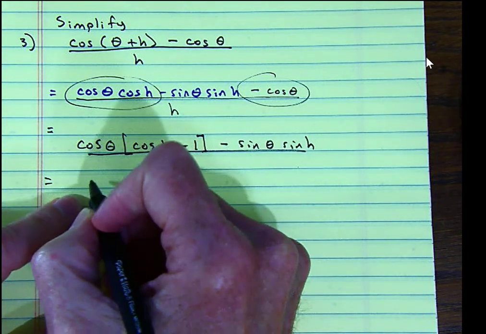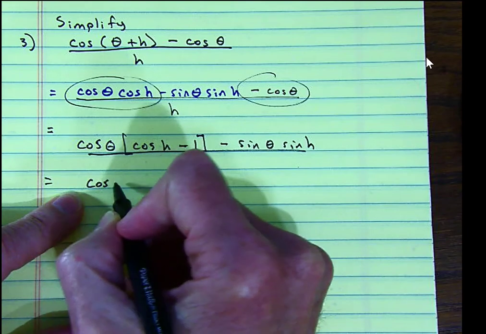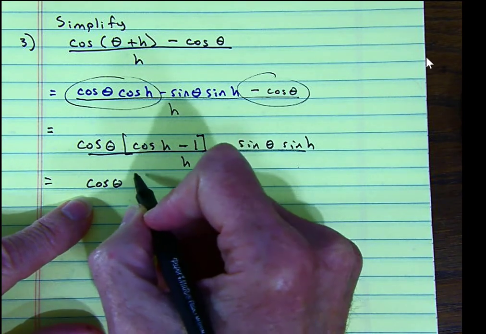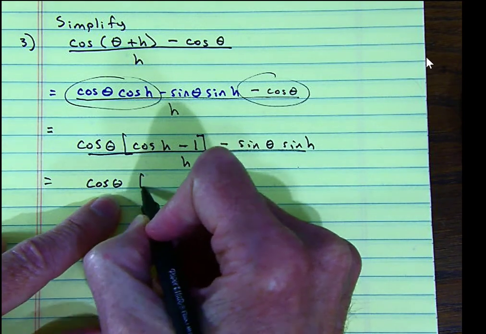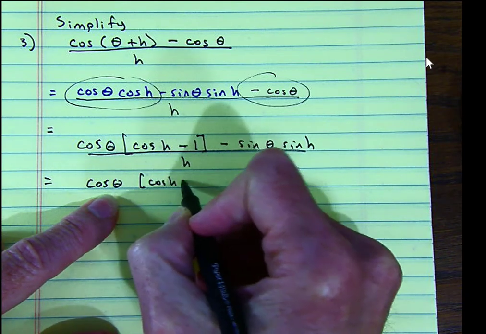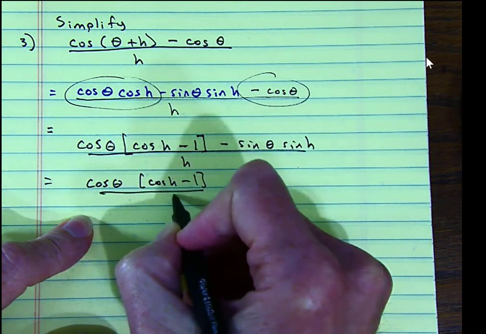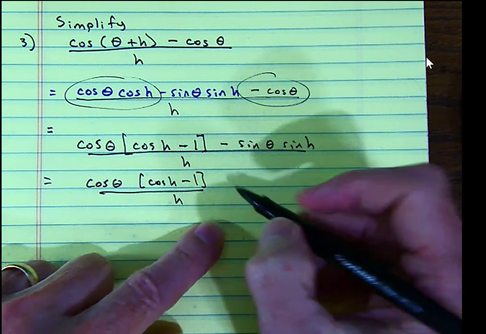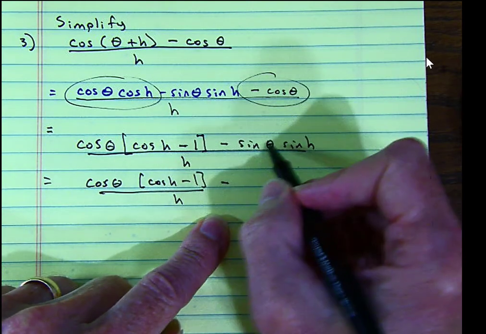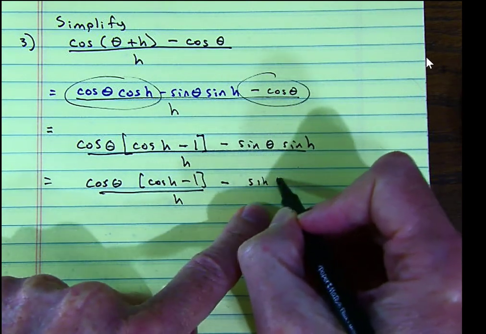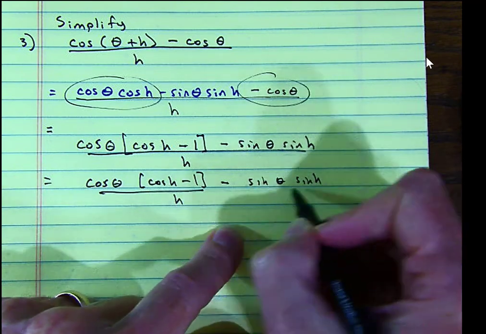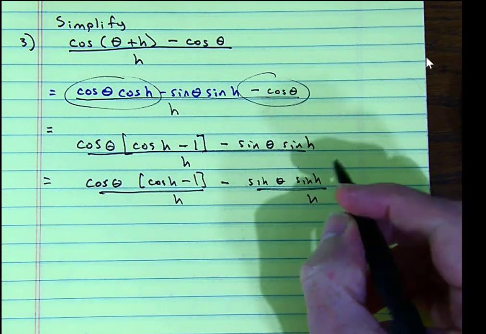So it turns out in calculus, when you're dealing with this trig and this algebra, you will make two fractions here and divide this one by h. And then this one, we'll just use the distributive law here. We'll have sine theta, sine h. We'll divide this by h.